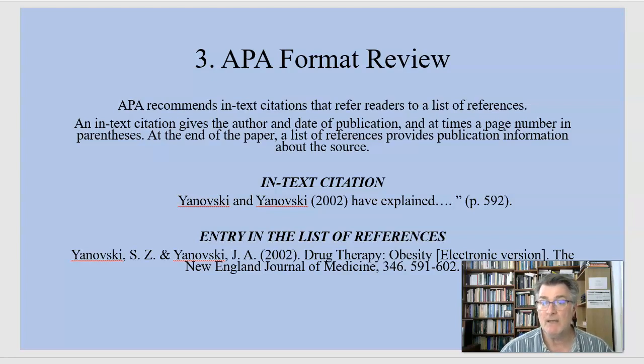And so you do it by using what's called in-text citations. And they look something like this, right? Yanofsky and Yanofsky, brackets 2002, have explained. And here alleges, contends, states with confidence, asserts, avows, avers, whatever. It doesn't matter. And at the end of the statement, the page number, right there.